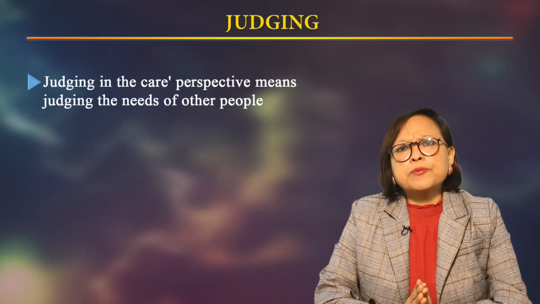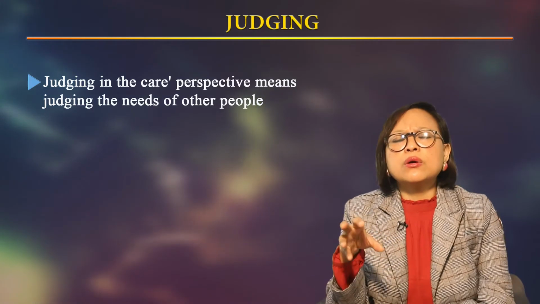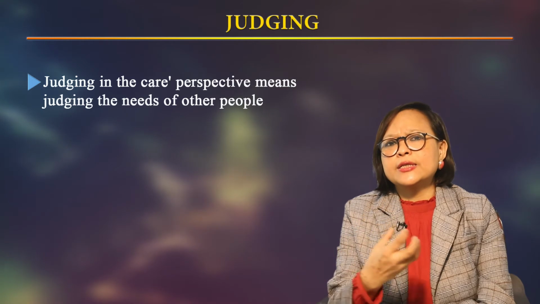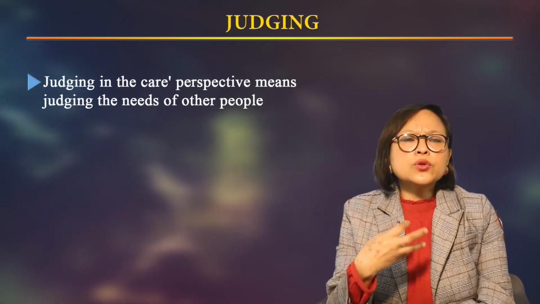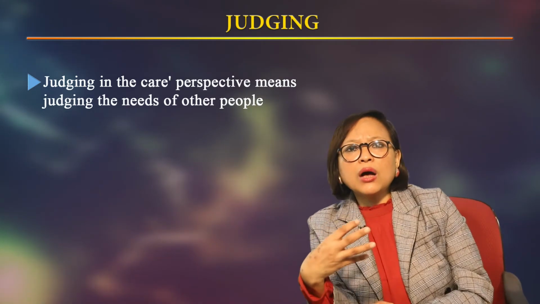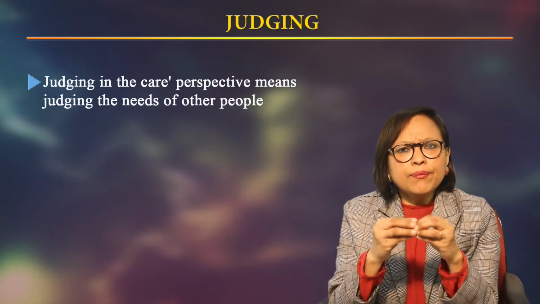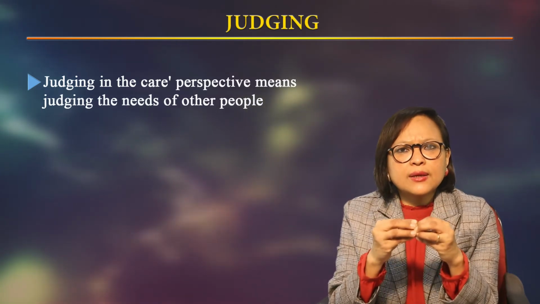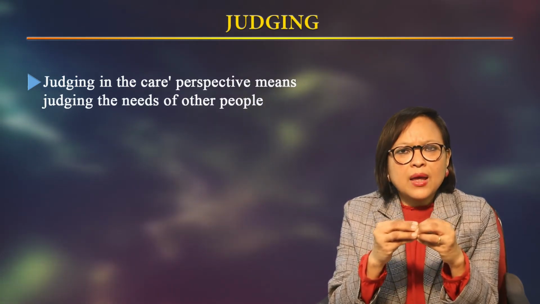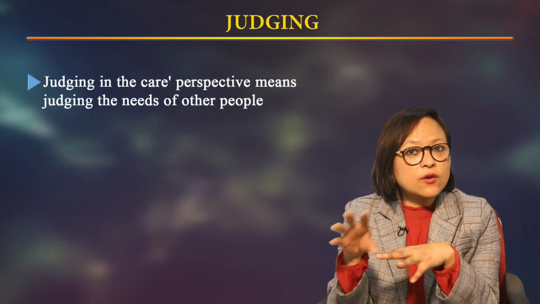Judging in the care perspective means judging the needs of other people. When you talk about judging with concern to morality, you are talking about judging the needs of other people. In the true life event of Slotin's life, we discussed how he saved the lives of his co-workers.